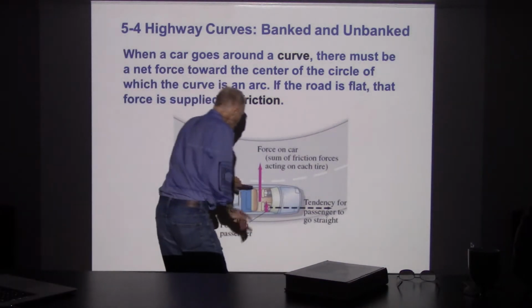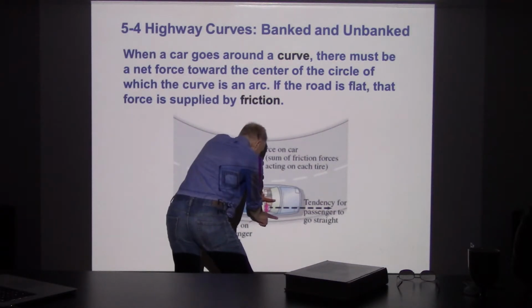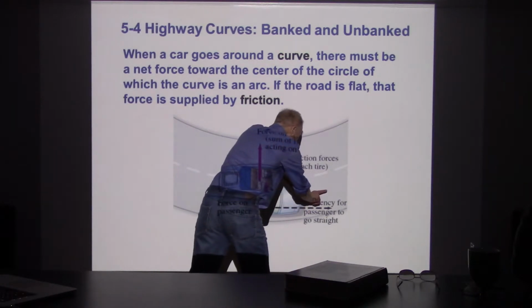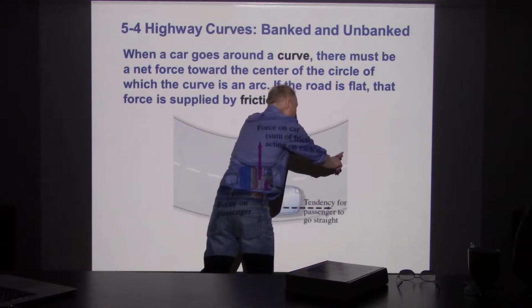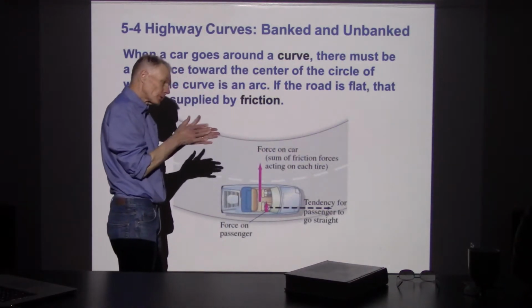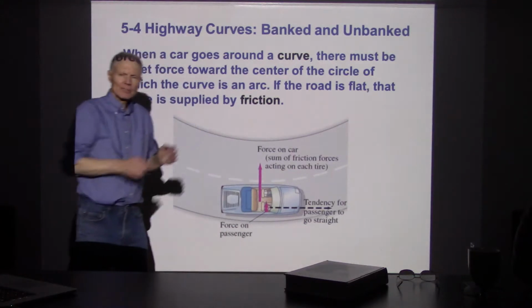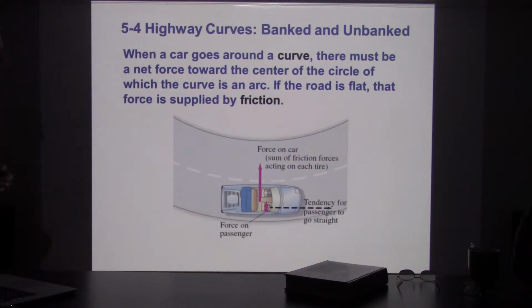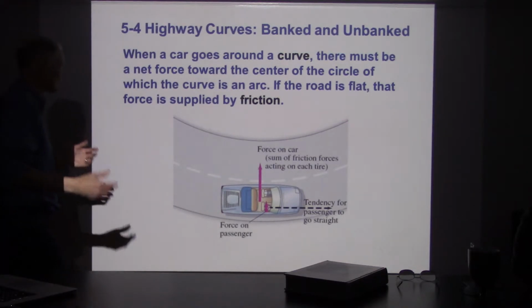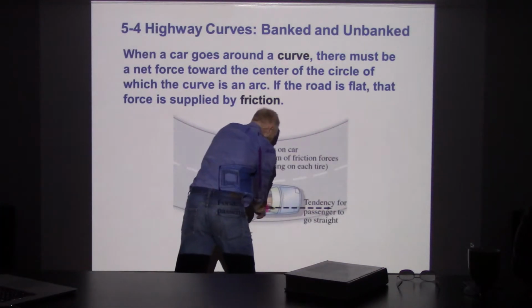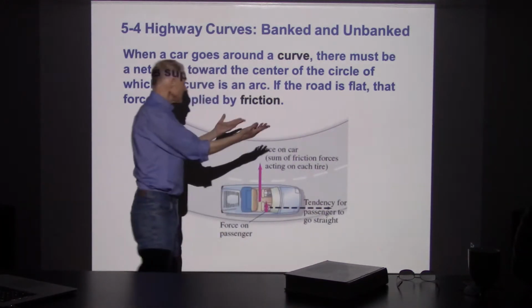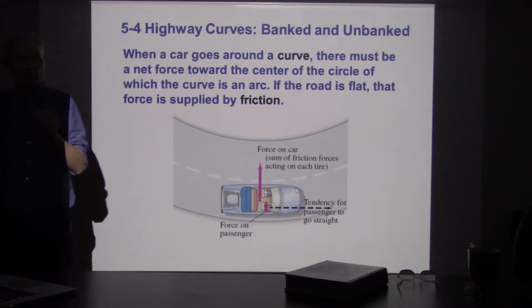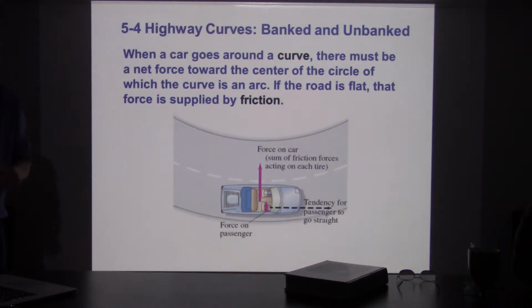Passenger goes straight, car curves, and the door on the side of the car runs into the passenger and brings them on board. It runs into the passenger, and at that point the passenger does accelerate towards the center. If the door's not closed, if the door flies open, there's always the possibility a passenger just goes straight, the car moves away from the passenger, and the passenger ends up out on the pavement. So make sure the doors are closed securely and locked.